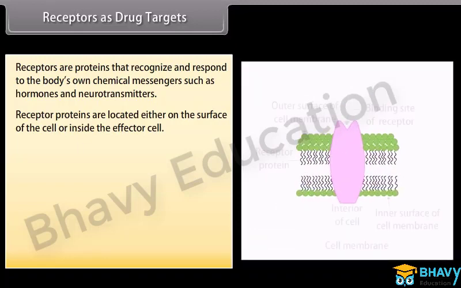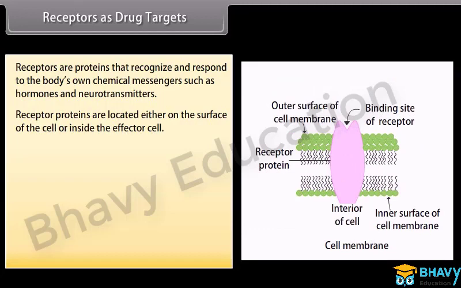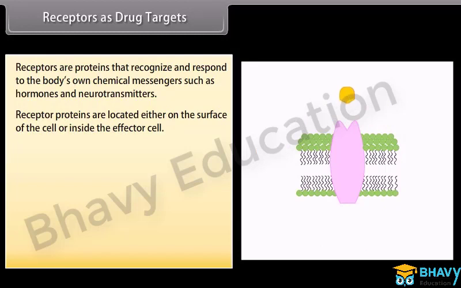In the body, messages between two neurons and between neurons and muscles are communicated through chemical messengers, which are received at the binding sites of the receptor. To accommodate a messenger, the shape of the receptor site changes. This brings about the transfer of the message to the cell.